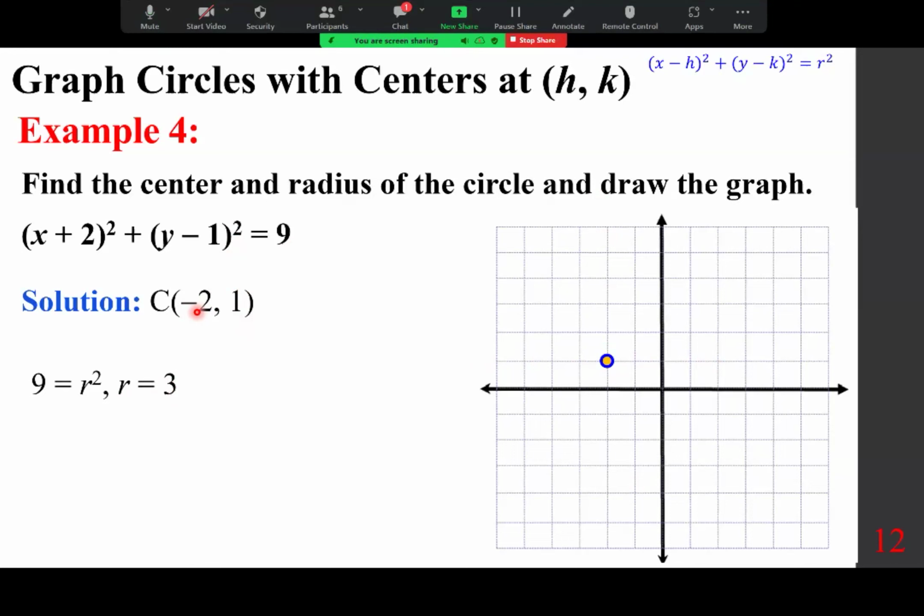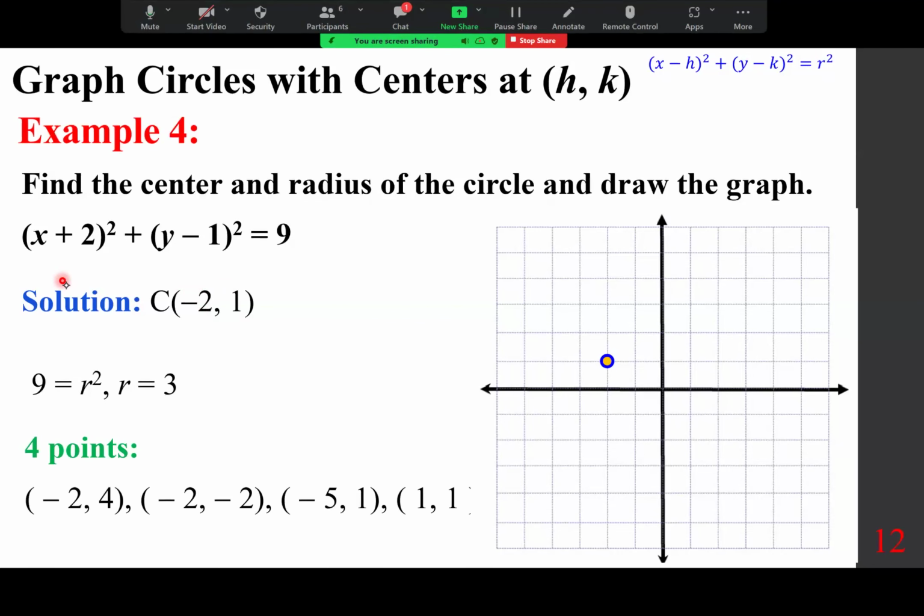Then this one, if you add 3, you go to 4. If you subtract, you go to negative 2. This is 1, 1, everybody.